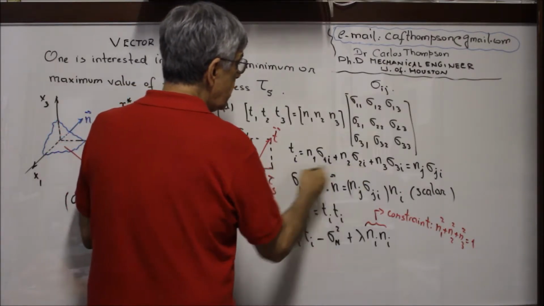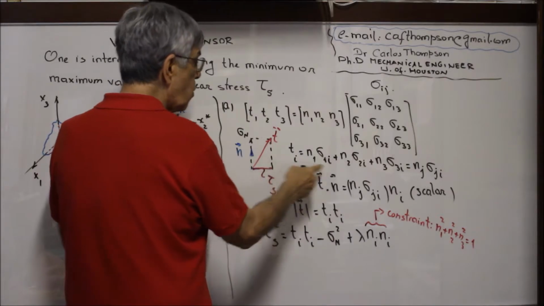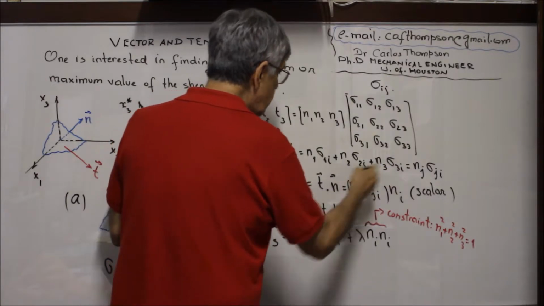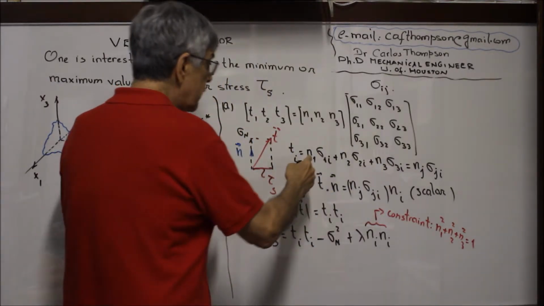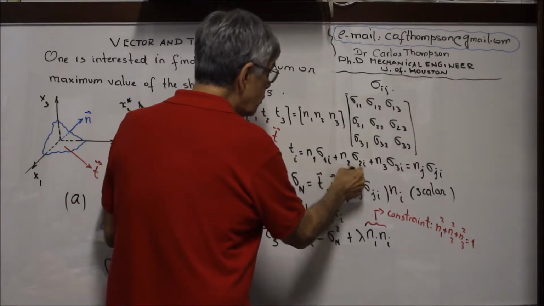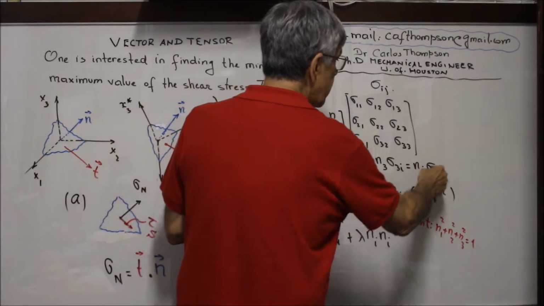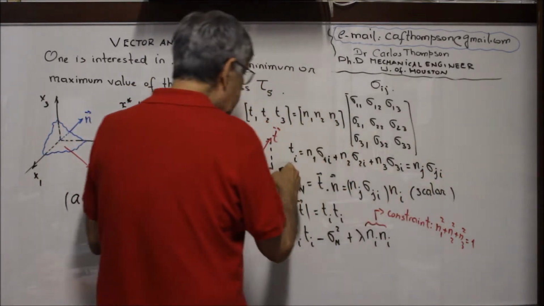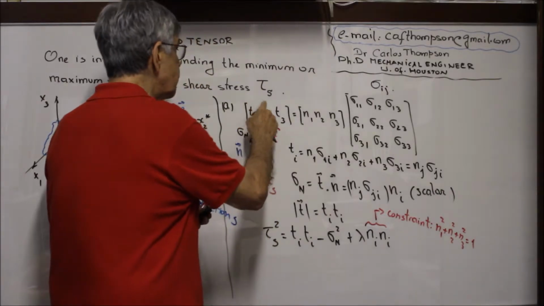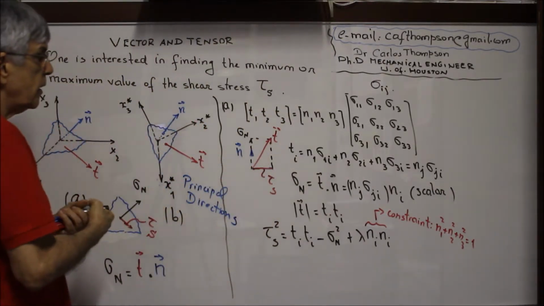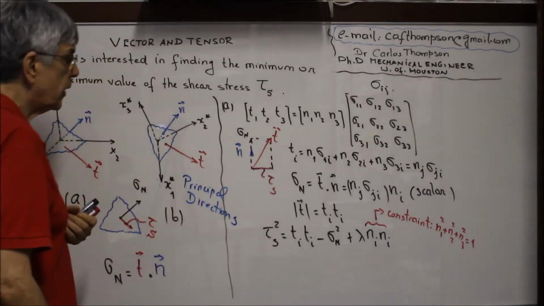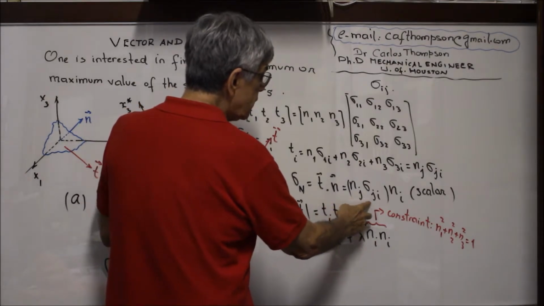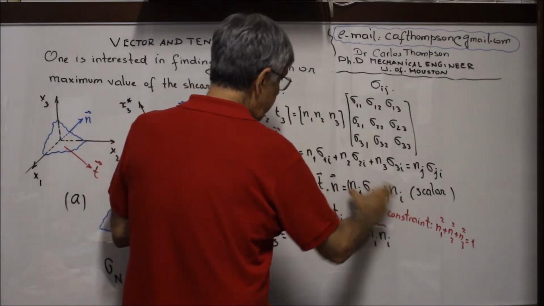So there's a sum. For i equal to 1, you put 1 here, 1 here, and 1 here. For i equal to 2, 2 here, 2 and 2, because i is a free index. But this is a sum: 1, 1, 2, 2, and 3, 3. So it's Nj sigma ji. Any Nj sigma ji represents any of these three components of the stress vector T. Sigma n is T dot n, so T dot n is Nj sigma ji Ni, a scalar.